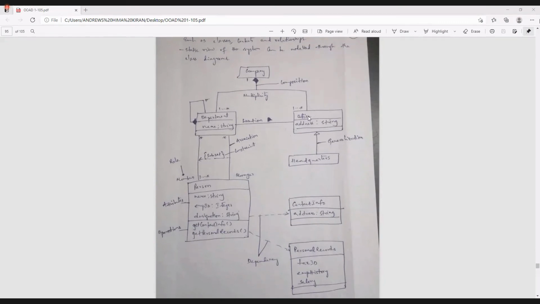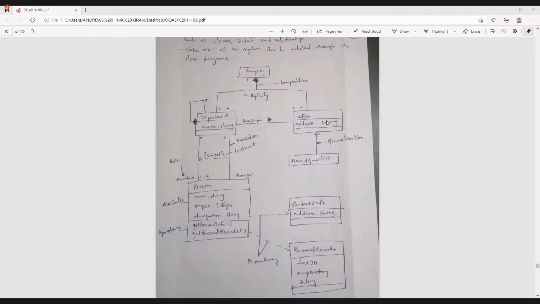Here, the example for the company and office is, if you consider State Bank of India, SBI, as the company, the branches are considered to be the offices. Many branches exist under SBI, right? That's why a company contains many offices, and in a single office, many departments can exist.